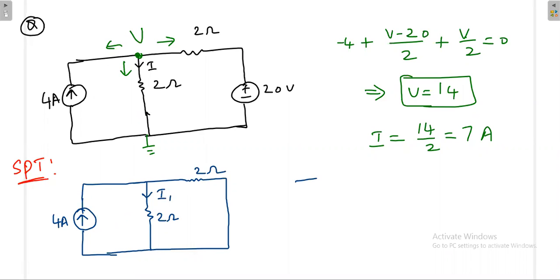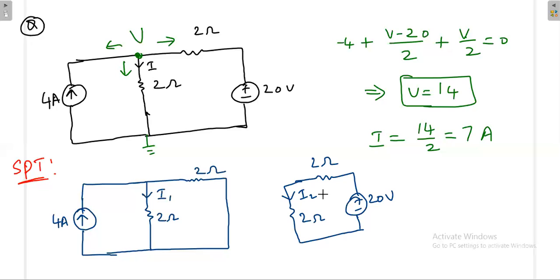Then you have this diagram: 20 volt, then 2 ohm, 2 ohm. The current going here I call I2, the current due to the voltage source. I2 here is 20 divided by 4, so that is 5 ampere.